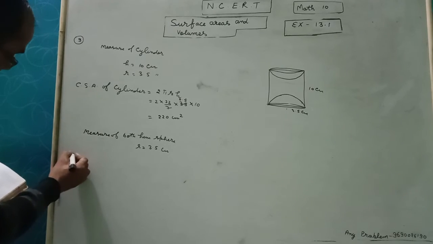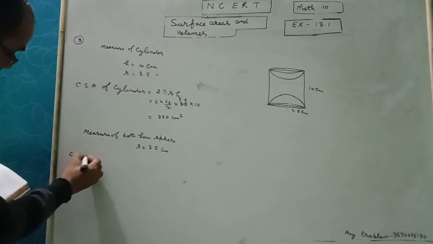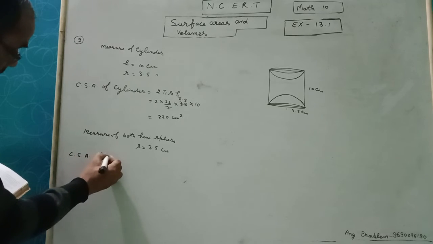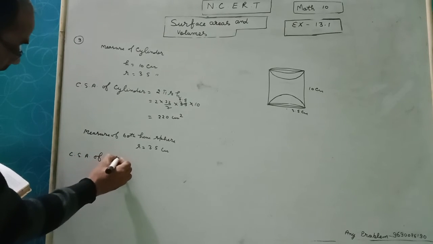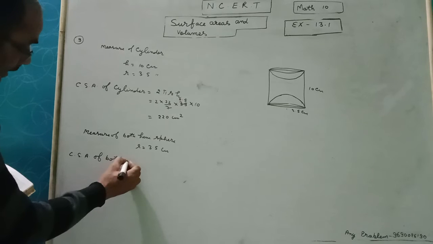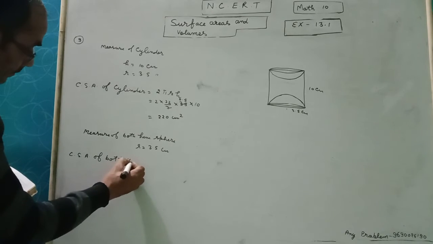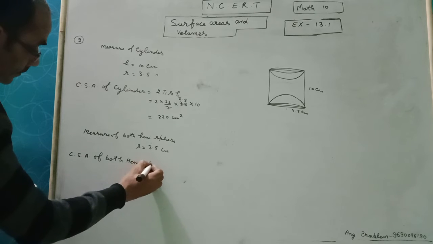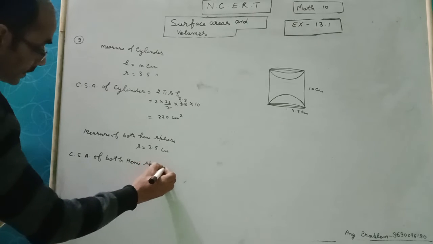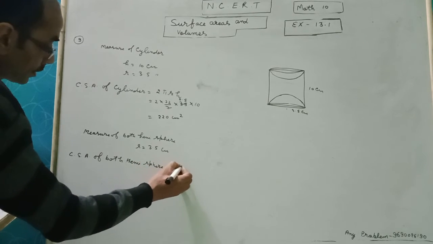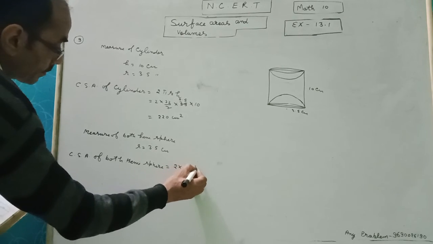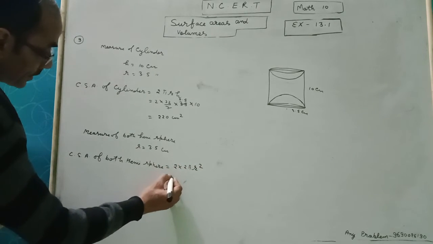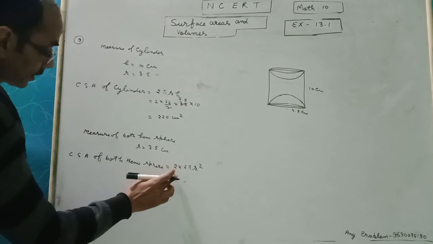CSA of both hemispheres is equal to 2 into 2 pi R square.